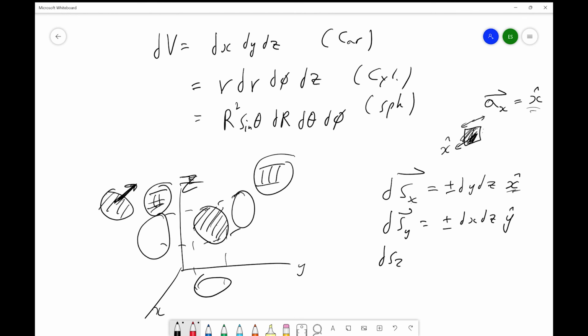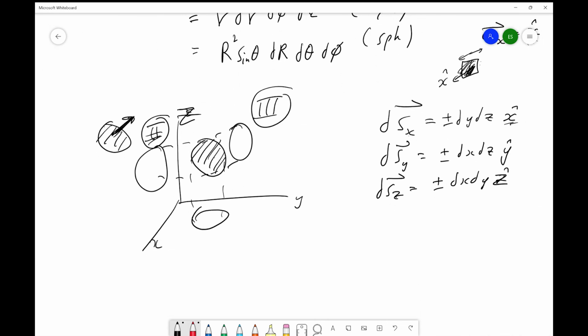And then dsz is going to be plus minus dx dy z hat. Same thing for cylindrical and spherical. I won't write it down. The idea of writing these oriented area elements as a vector is that I can write any general area.